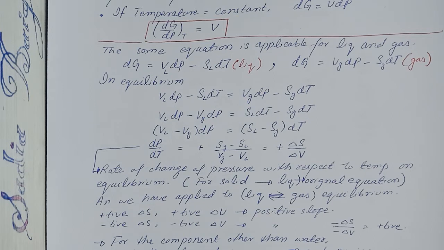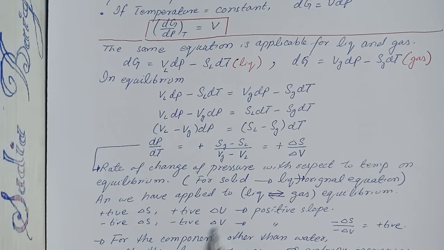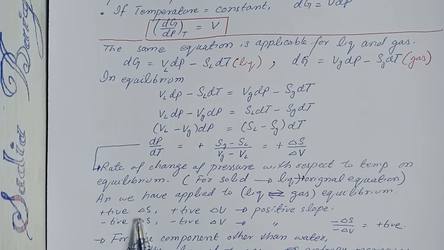For example, if the entropy change is positive and the change in volume is also positive, it means that the volume of the substance is increased. That means we are moving from liquid to gas phase.